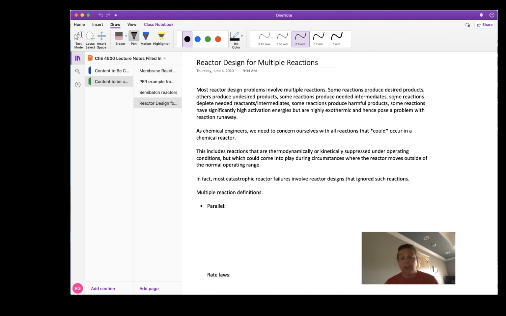However, some reactions are going to deplete needed reactants and intermediates, and so one of our jobs as chemical reaction engineers is to suppress those reactions. Some reactions produce harmful products. Some reactions have really high activation energies, so they're kind of latent under the reaction conditions, but they are highly exothermic and hence pose a problem with reaction runaway.